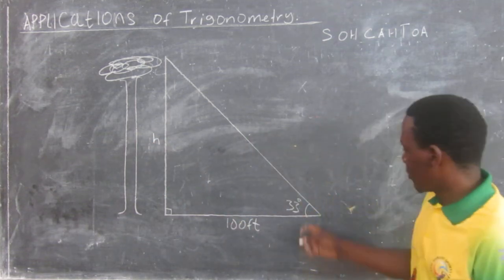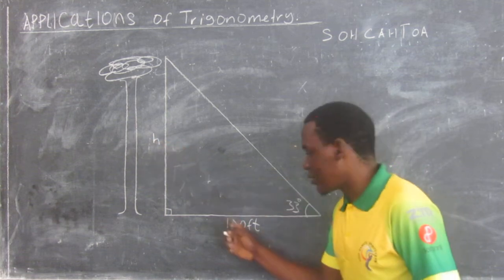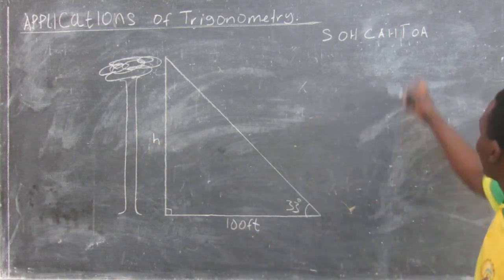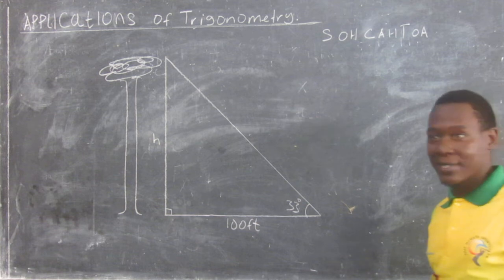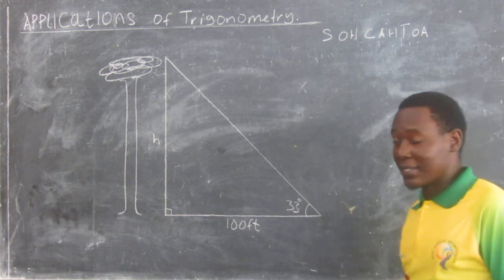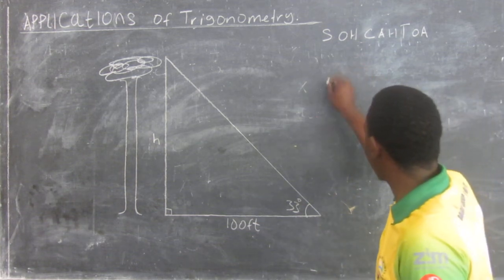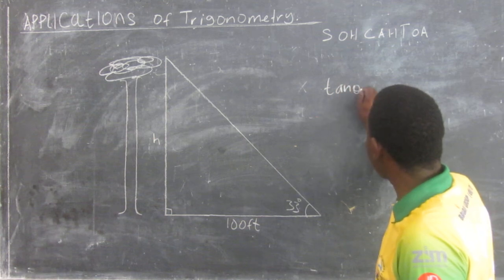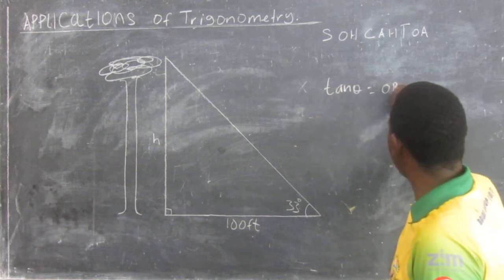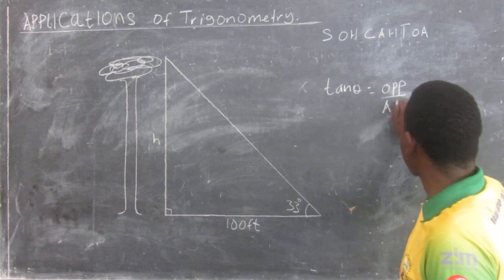In this case, we want to get the opposite and we have the adjacent, so the best ratio to use is tan. We say tan theta is equal to opposite over adjacent.